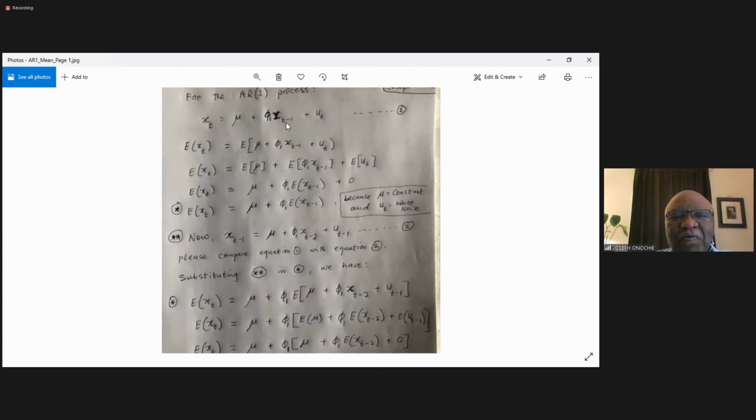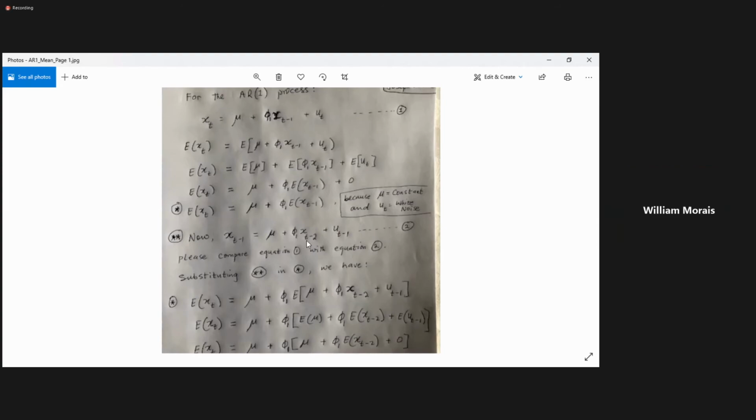Now, if I want to write yesterday's return, xt minus 1, it will be equal to the same average plus phi1 times the return 2 days ago. Everybody follow me here?